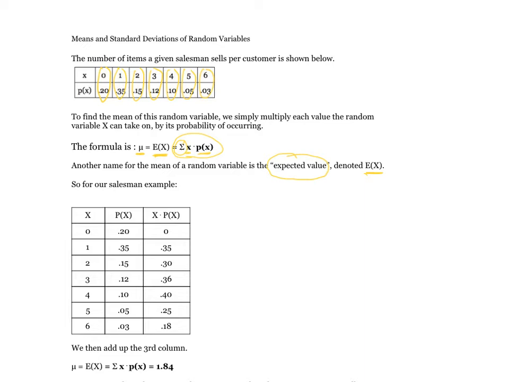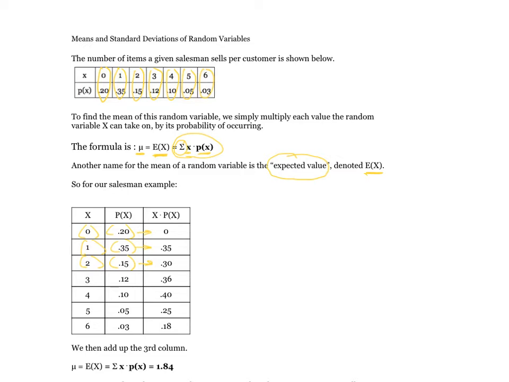And the best way to do this if you're doing it by hand is to make a table like the one below. So I listed all the values that x could take on from 0 to 6, and I also put in their probabilities next to it. And then all we do is multiply these together. These are pretty easy to do by hand, but I'll show you in a second how we do this on the calculator.